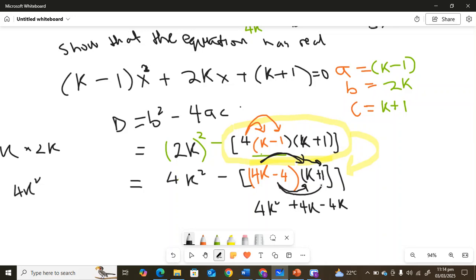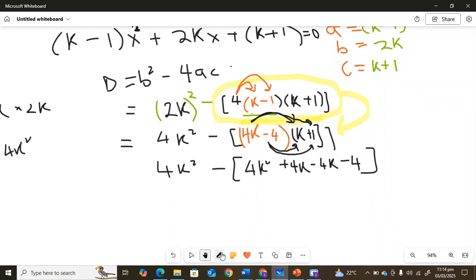Negative 4 times 1, 4. Yes. Then continue. Wait, before you collect, before that, just simplify this one in the bracket.